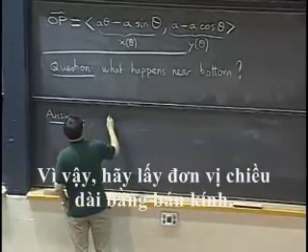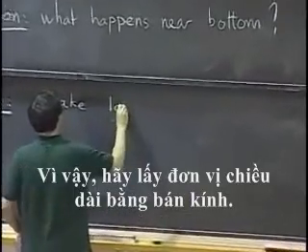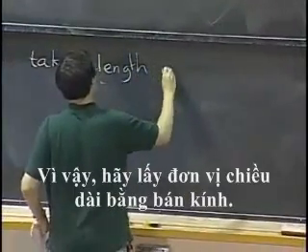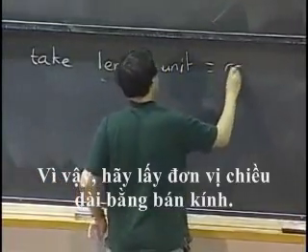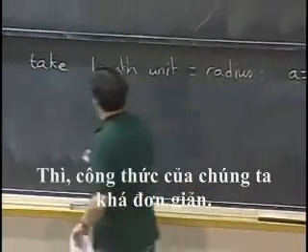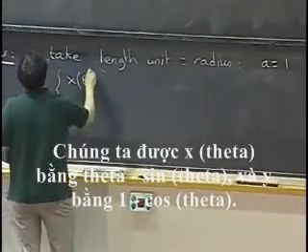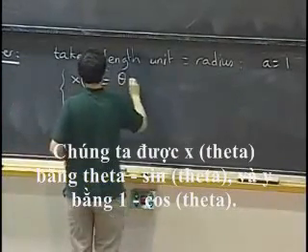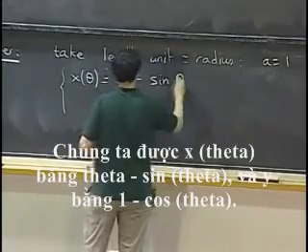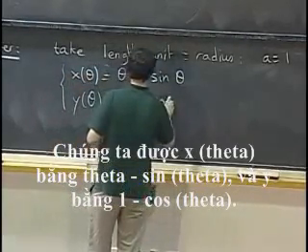So take the length unit to be equal to the radius. That means we'll have A equals 1. Then our formulas are slightly simpler. We get x of theta is theta minus sine theta, and y equals 1 minus cosine theta.